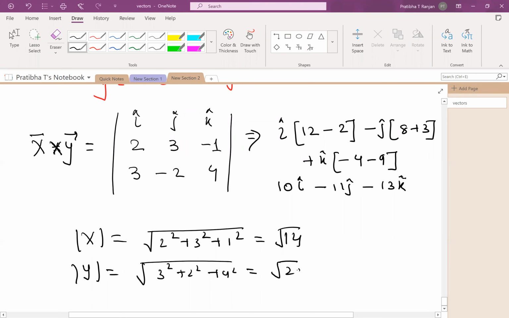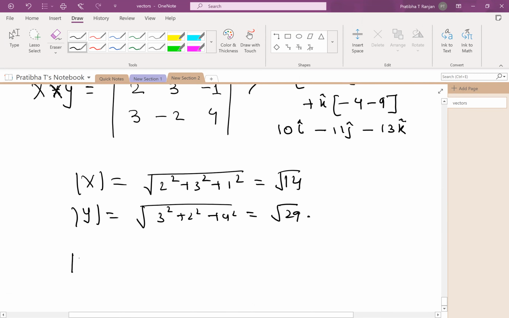That is 29, right? And the magnitude of x cross y is simply 10 squared plus 11 squared plus 13 squared.